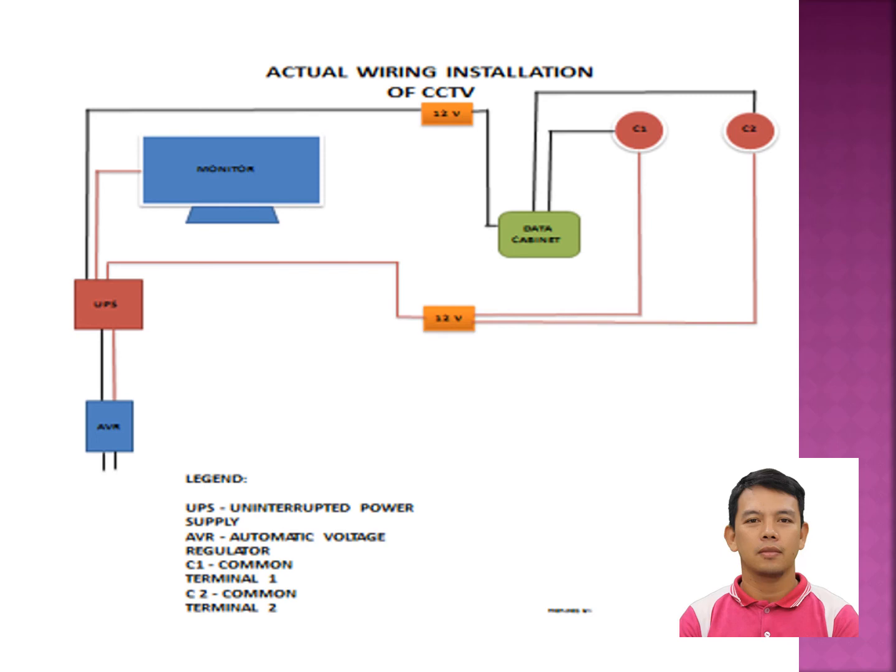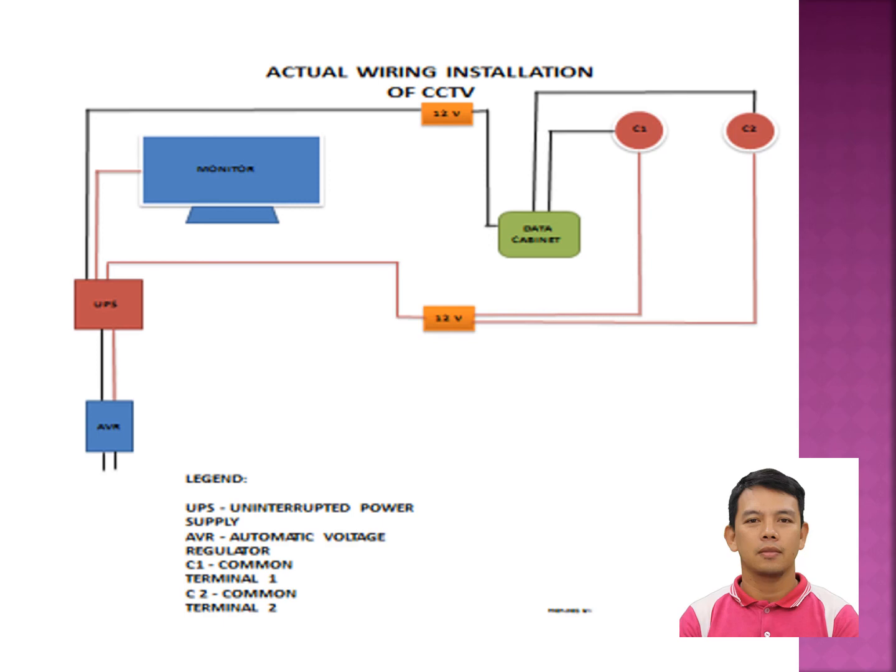First, the AVR, automatic voltage regulator, connect to the AC or sa service provider. And then if you have UPS, but it is not necessary to connect the UPS. If you only have AVR, okay na na kung naa kay AVR.